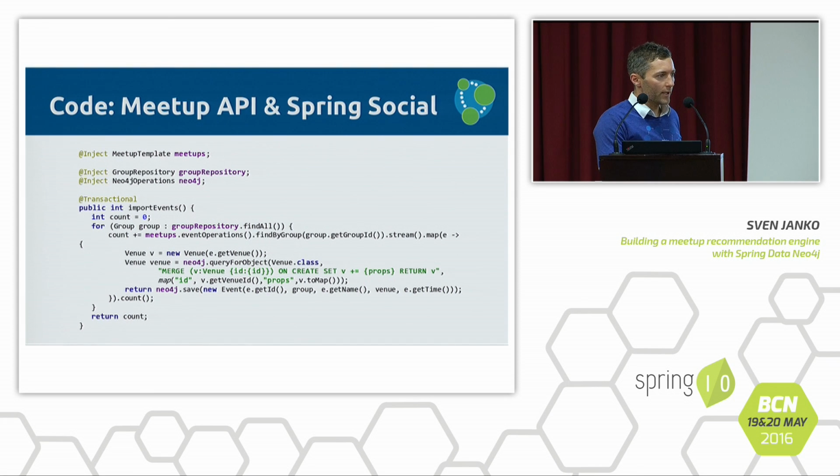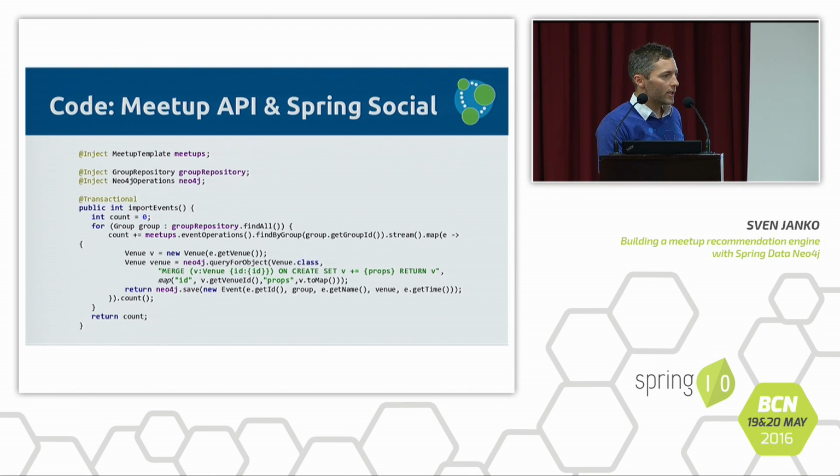We are querying again the Meetup template and saying we are interested in event operations, and there find us some groups which we already got from the previous slide. And then we are creating a venue and passing the venue which we get back from our API. And then we are executing some Cypher query here, which is written in green.